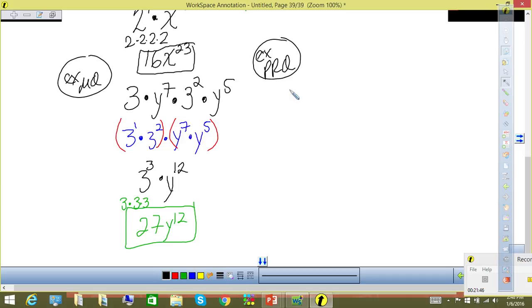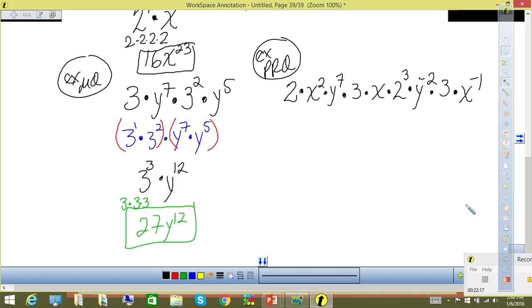Here we go. 2 times x to the second times y to the seventh times 3 times x times 2 to the third times y to the negative 2 times 3 times x to the negative 1.